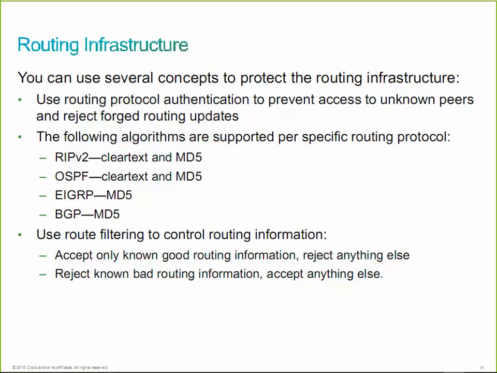The other aspect that I wanted to talk about before I move on from this slide here: BGP also supports some additional checks. This is not something that's available in OSPF or EIGRP, but it checks the TTL value. In BGP, this feature is called a TTL security check.